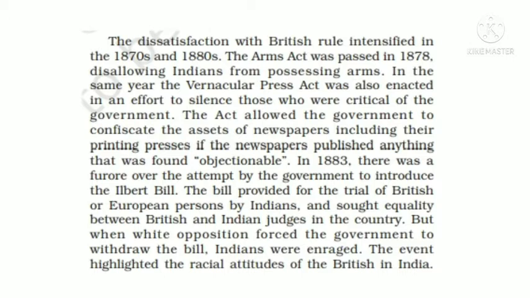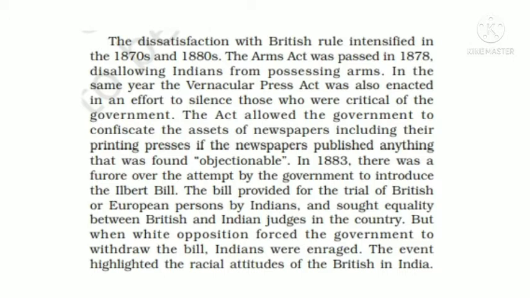Understand? In 1883, the Ilbert Bill was passed, proposed by Lord Lytton. The bill provided for the trial of British or European persons by Indians and sought equality between British and Indian judges in the country.